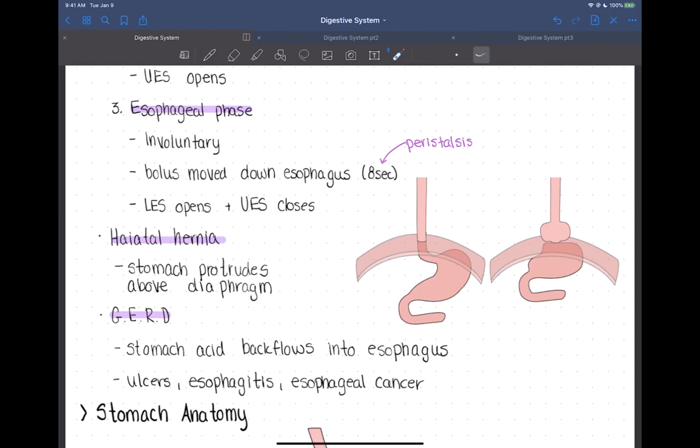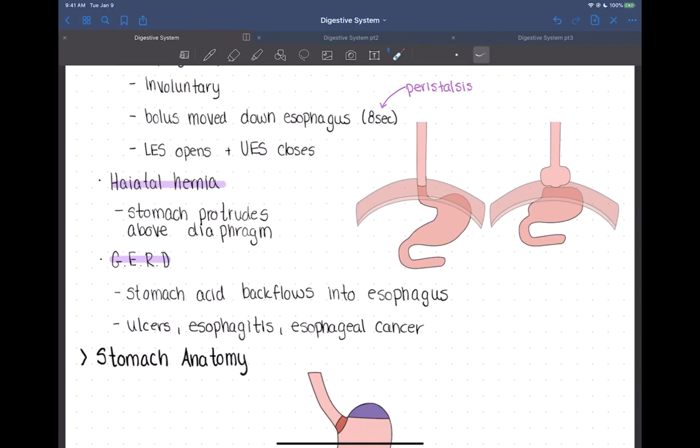Okay. All right, and then GERD, gastroesophageal reflux disorder. So that's GERD, occurs when stomach acid is able to backflow up into the esophagus. And so that can be very serious because the esophagus is not equipped to counteract that serious level of acid that's in the stomach, right?